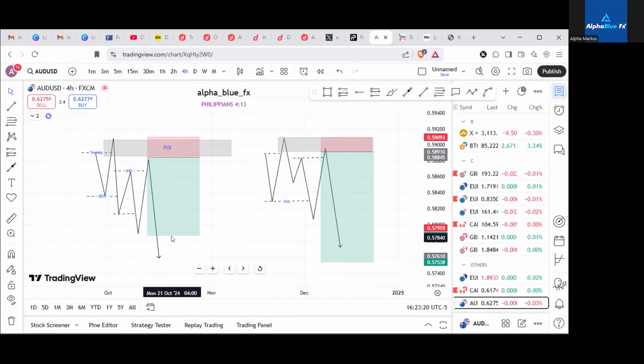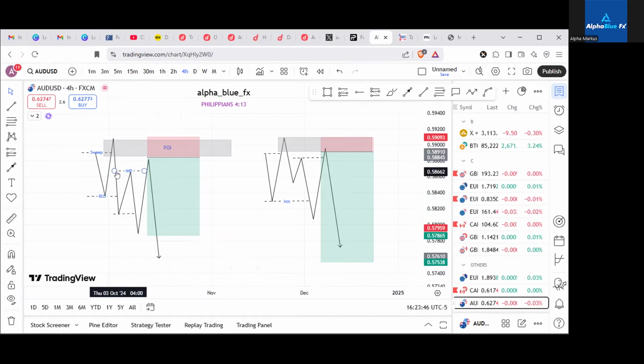Another thing is you need to know what liquidity is. Liquidity is like the fuel, or the battery, that propels a vehicle. In this case, price is the vehicle. So price is looking for fuel. It's looking for energy to propel it to move. So that liquidity is the energy. Once it comes and takes all of the energy, it moves in the direction it wants to move.